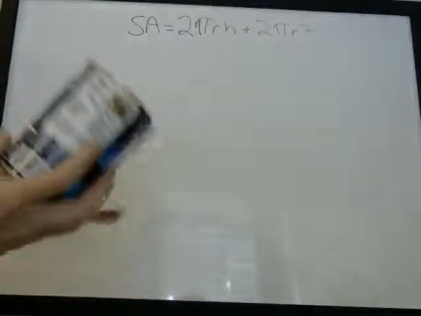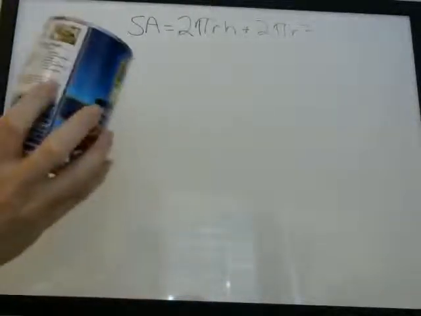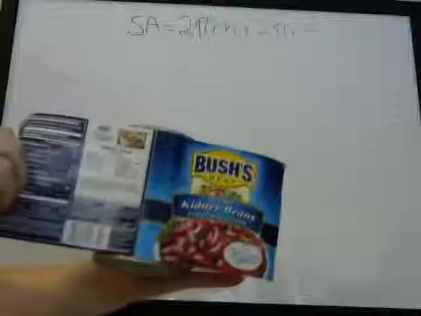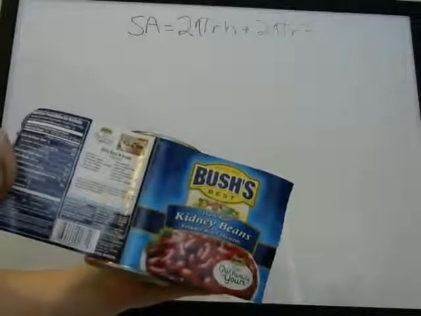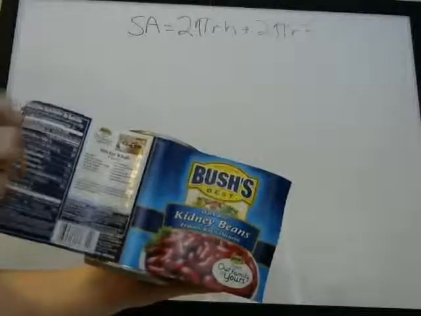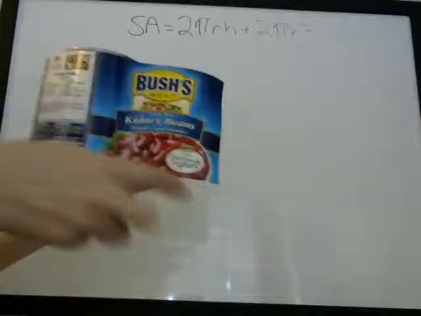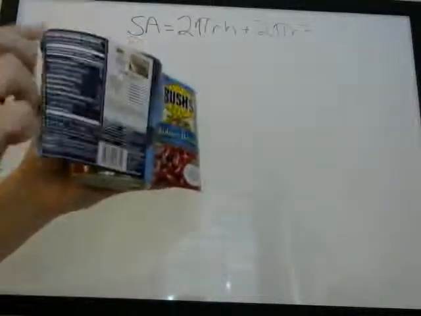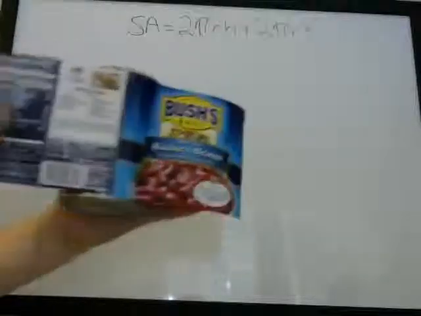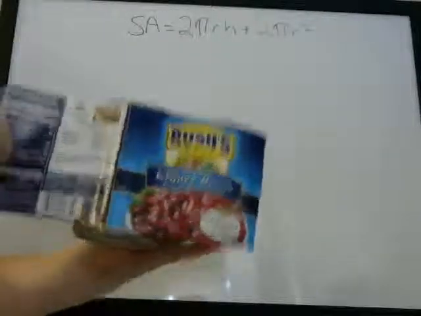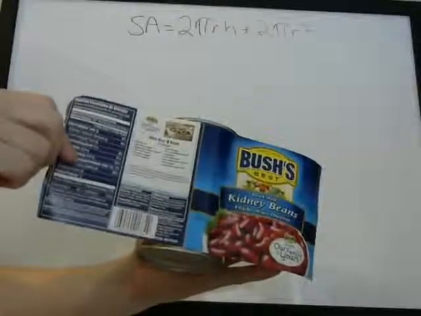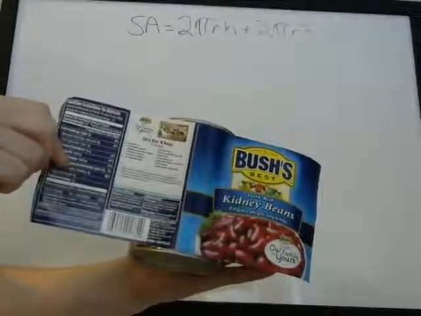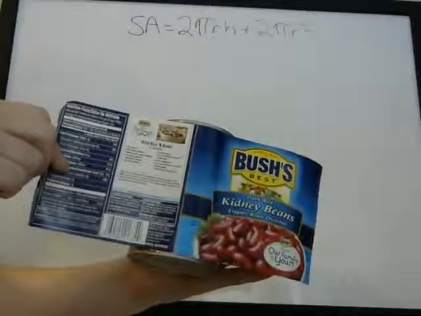So all around we have it, but when we split it and unfold it to paint this, we can think of it as a rectangle. What's the area of a rectangle? Well, it's length times width. The width is the side, the length is the bottom. So essentially what we're going to find is, how do we find the area of this rectangle? That's the surface area around.